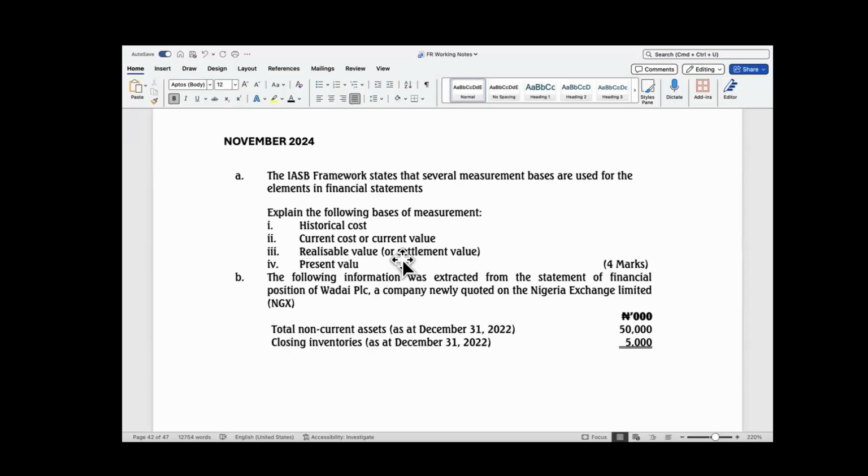B, the following information was extracted from the statement of financial position of Wadi PLC, a company newly quoted on the Nigerian Exchange Limited. All figures in thousands are assumed to be correct.